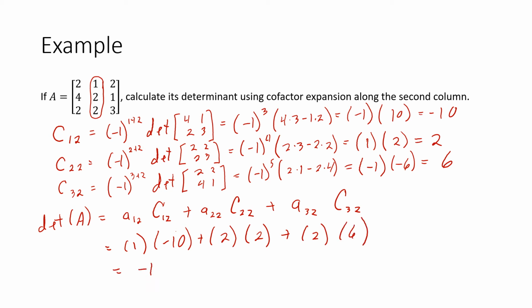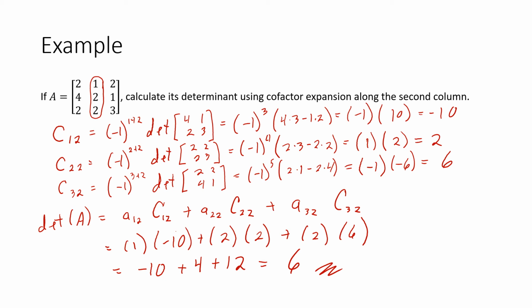This gives us negative 10 plus 4 plus 12. That's 16 minus 10. That gives us 6. Same exact answer we had before. So you see, no matter which row or column you take, you are going to get the same exact result, and that is the determinant of the matrix.